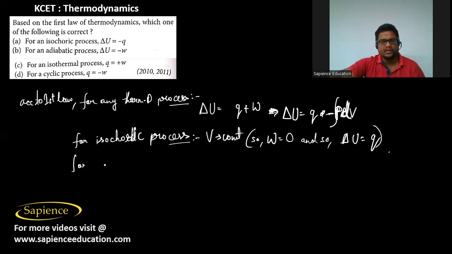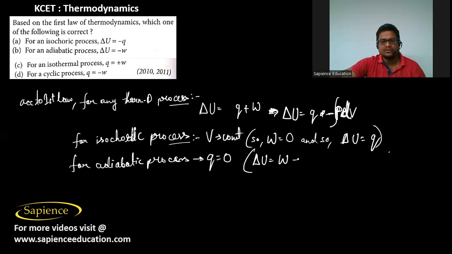And for adiabatic process, Q equals to 0. It means there is no heat exchange in between the system and the surroundings. So it means that delta U equals to W, which is equals to minus integral PdV.